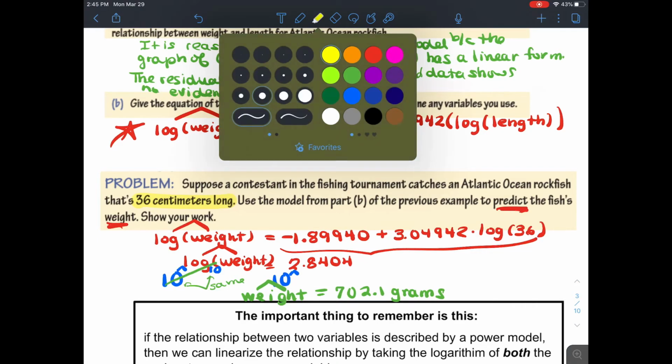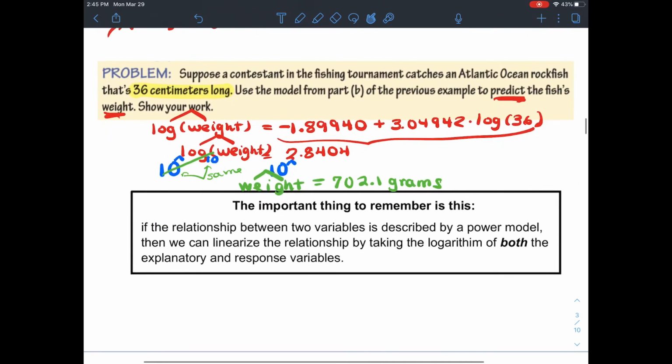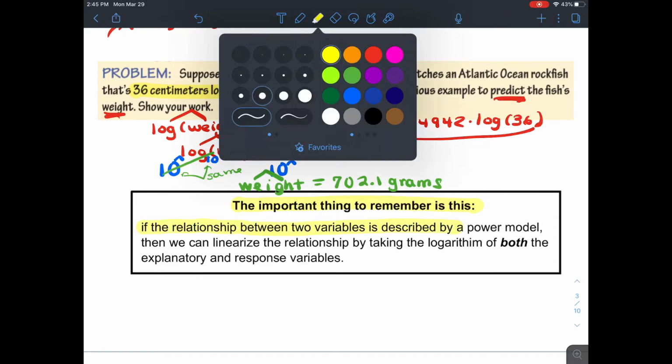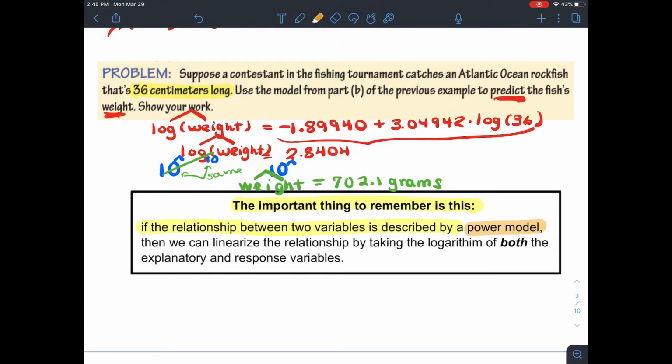All right, so here's what we're after here, an important thing to remember: if the relationship between the two variables is described as a power model, now we weren't told that it was a power model. We really were able to know that after we transformed the data.